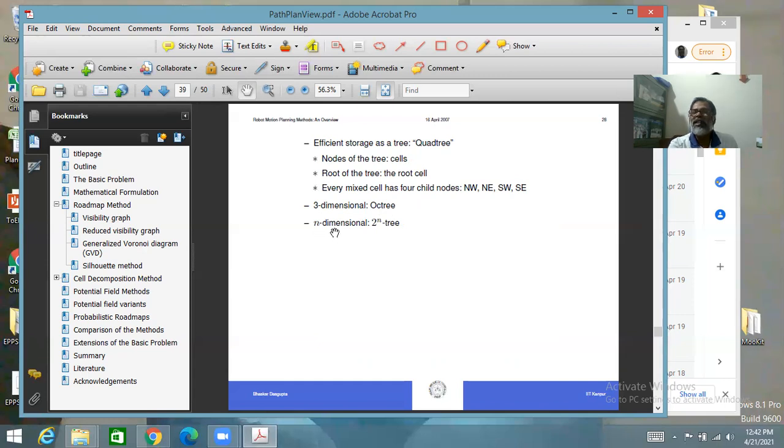Similarly, in the n-dimensional case, you will have a 2 to the power n tree, and that must inform you that this method, approximate cell decomposition, is general. You can apply it for C space of arbitrary dimensions, and that is a great advantage. Such methods we specifically value.